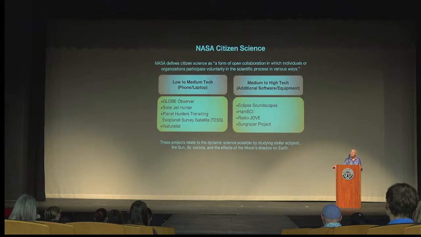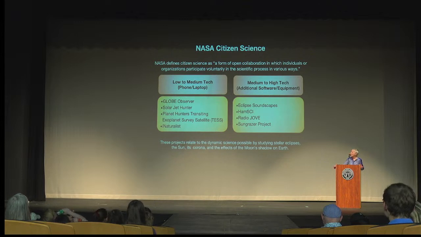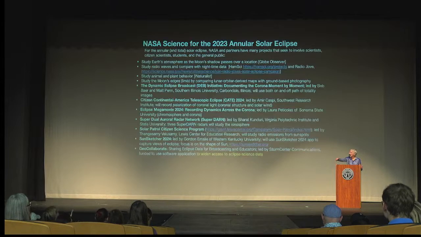So there are some citizen science projects for you to become involved. And I've listed a few here that require just a little bit of technology and then a lot more technology. And if you're not satisfied with those projects, I got a whole list here.